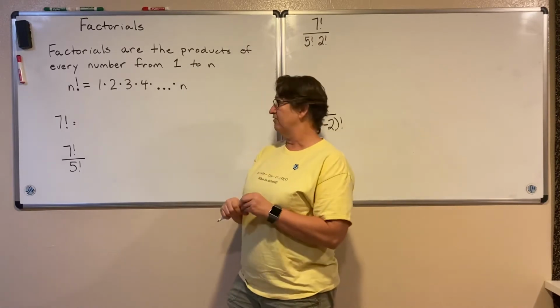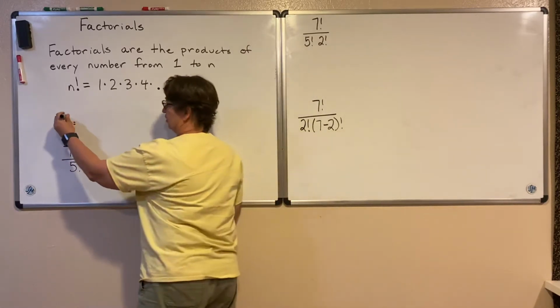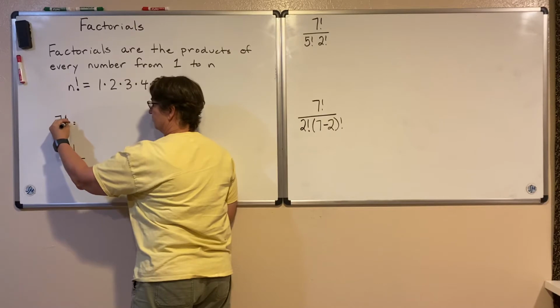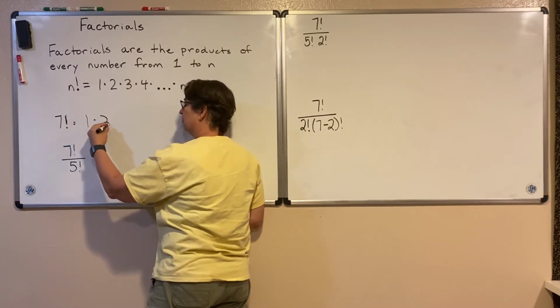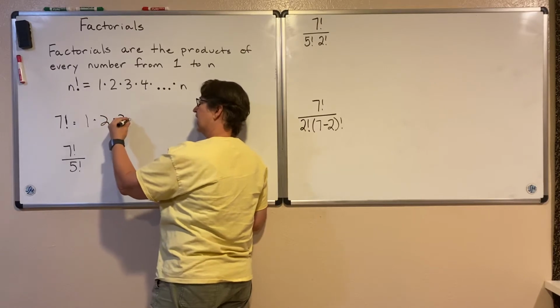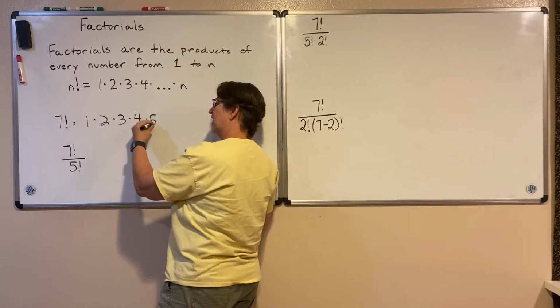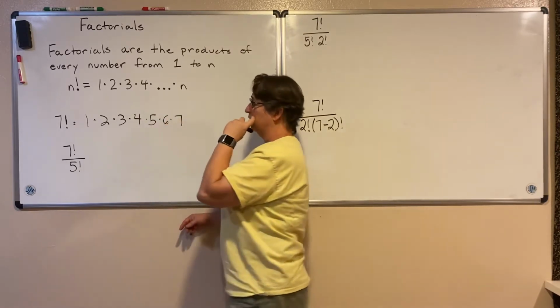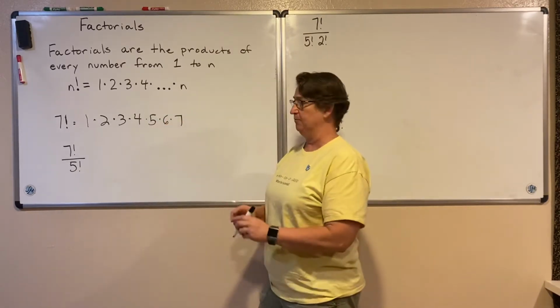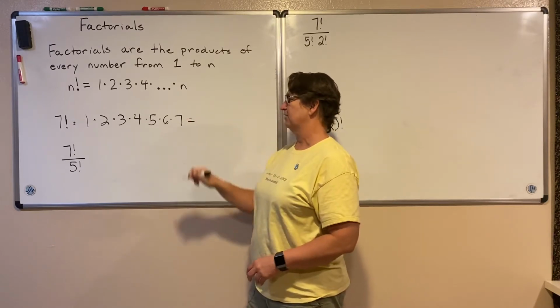And that 7 factorial, this exclamation mark right here, just means to take the numbers 1 times 2 times 3 times 4 times 5 times 6 times 7. I'm just going to multiply those numbers all the way up to 7. And then I stop there at 7.